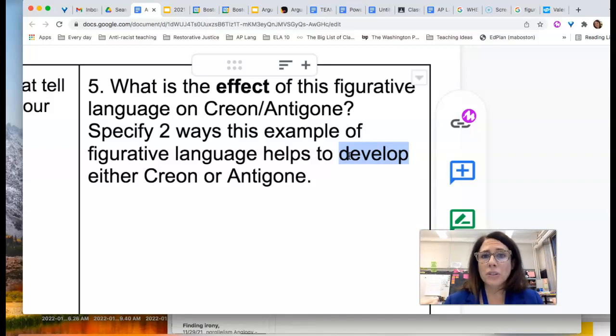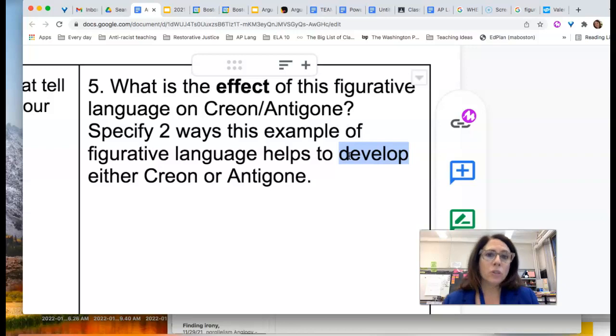And what I want you to start thinking is that develop equals change. So something develops like a child develops, or a flower develops. It grows and it changes. And there's different stages. So in order to show that either Creon or Antigone are developing, we need to show that they're changed, right?